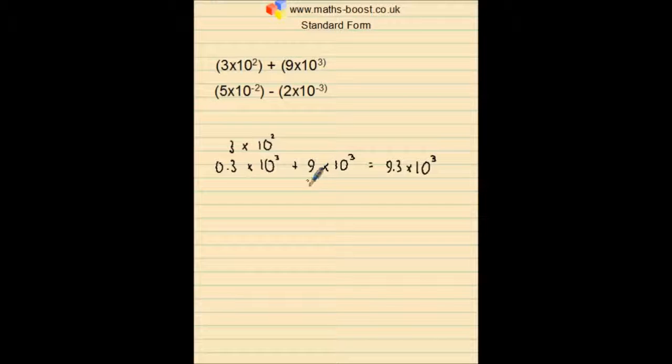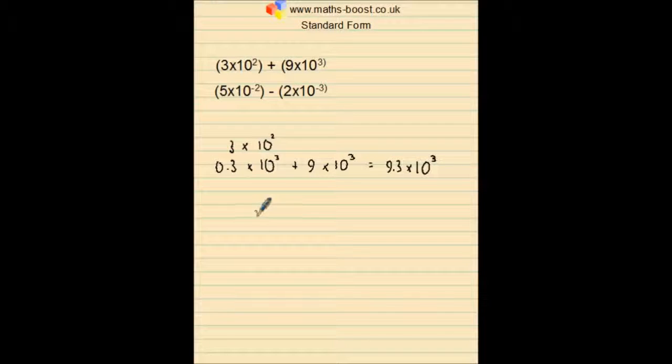Now, they may weave in, if this is a non-calculator paper, you know, obviously this is, they could pick 2.4 and 3.6 to give you a bit of a workout on your pen and paper arithmetic as well, but the method is no different. And the same here. I've got to make them like for like.